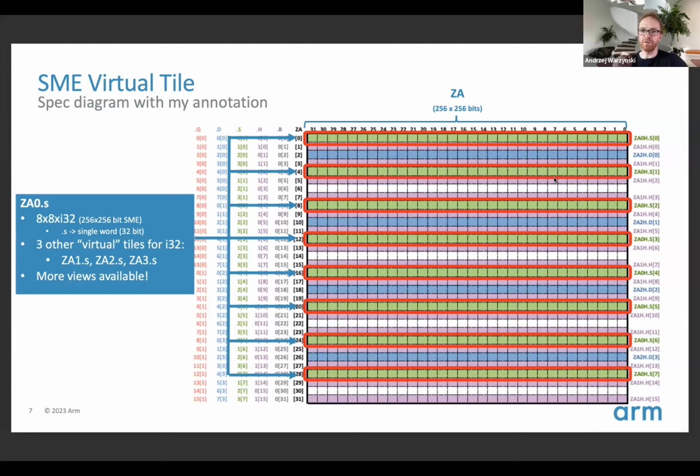It's 8 of them because it's 256 bits, and there are 8 32-bit elements in 256 bits, hence 8. So yeah, these tiles are basically views into ZA, and you can have a lot of different views. This is the one case, but the architecture, or the ISA actually, allows you to view them in other ways, and you can see on the diagram annotations on the left and on the right.